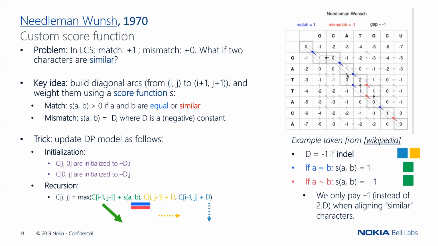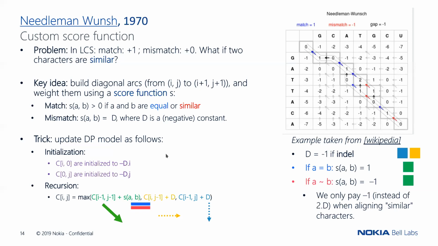So this is T compared to T, T compared to T. So this is blue, A compared to A. So this is blue. And here, the biologist says that T and G are not the same, but are quite similar. So I will install a similar arc, the red one, and I will install a different cost on the red arcs compared to the blue arcs. And so now the goal is once again to find an optimal path from the upper left corner to the bottom right corner.